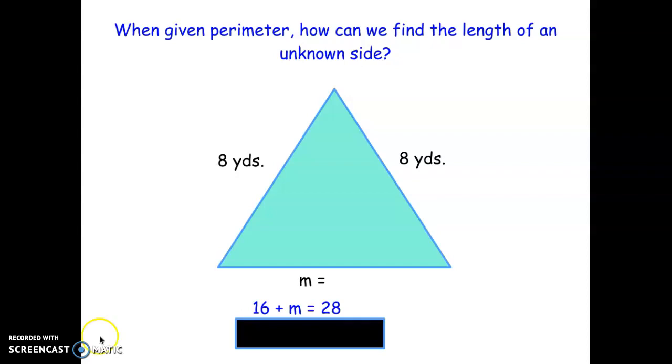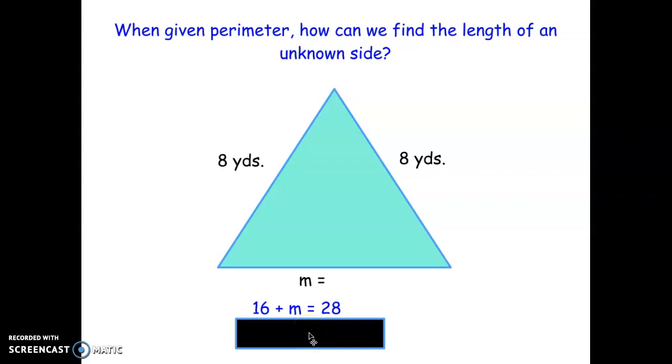That now means that 16, which is 8 plus 8, plus this unknown side of m is equal to a total of 28. Well, if you start at 16 and you use your counting on strategy, however much you count on to get to 28 represents m.